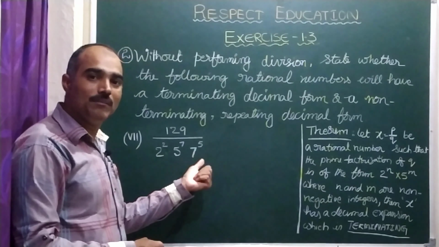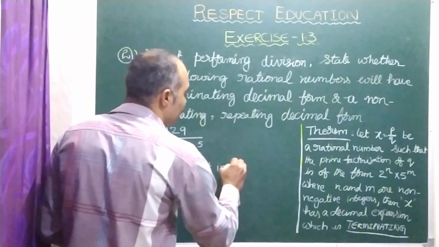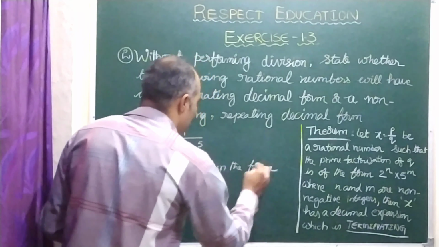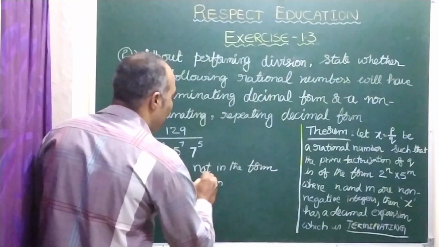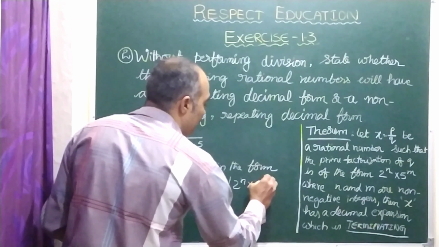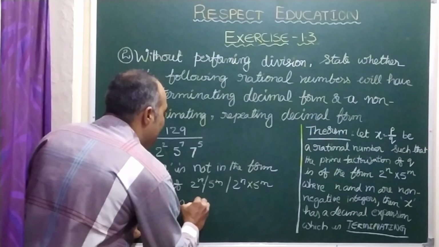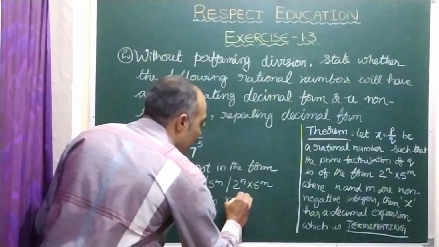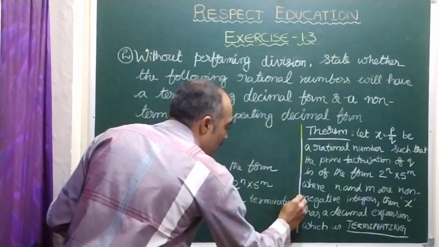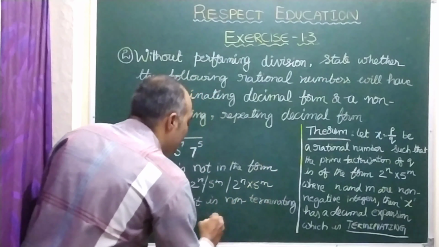In this bit, directly children, q is not in the form of only 2 power n or 5 power m or the combination 2 power n into 5 power m for non-negative integers n and m. So it is non-terminating repeating decimal form.